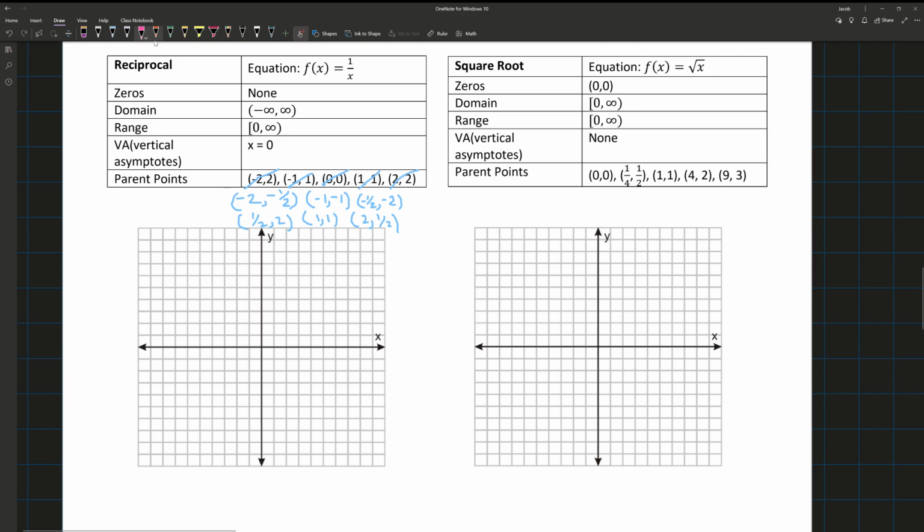There is a vertical asymptote here, which will delineate with this dashed line. I like to use multiple colors in my notes regularly, and if we were in class, I would have colored pencils for you guys when we're graphing. So if you like to use colors, now's your time to bring those out. I'm going to graph these parent points and plot them, and I'm going to change my scale as well.